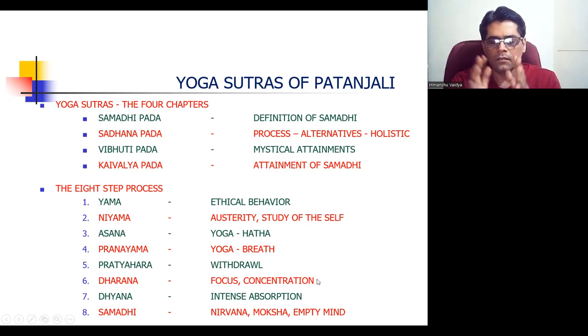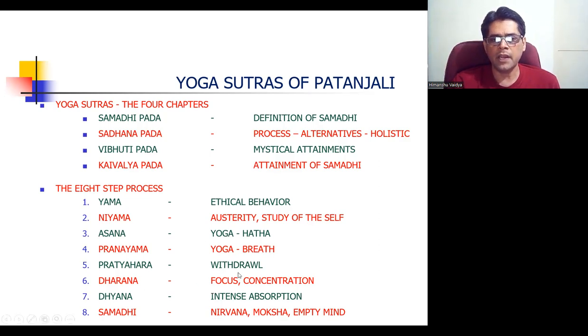where you focus your awareness and attention on something very specific. It can be an idol, it can be a mantra, it can be a problem that you are trying to solve of the inner world. And then this focus becomes very sharp and intense, and from a large area, you come to a very small point of focus.